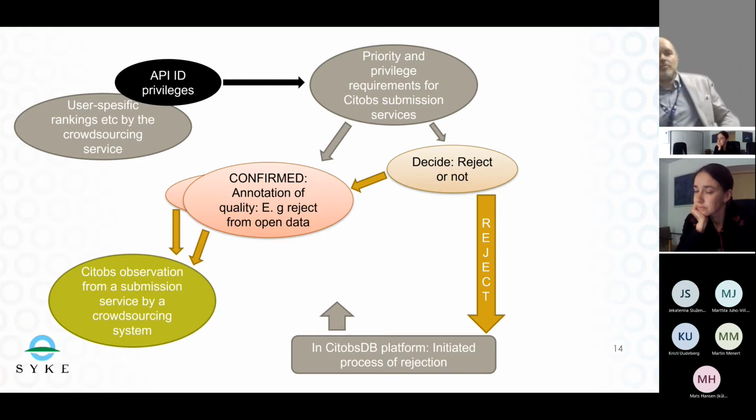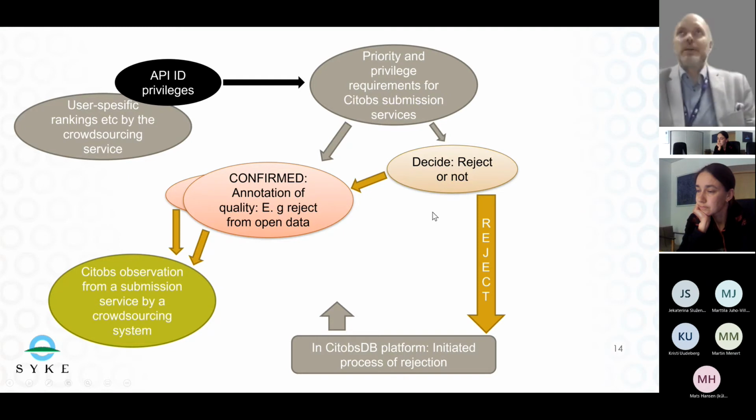Basically, we would do a crowdsourced method of deciding which APIs are first of all allowed to confirm, for example, and decide which observations are good and which are to be rejected from the open data.